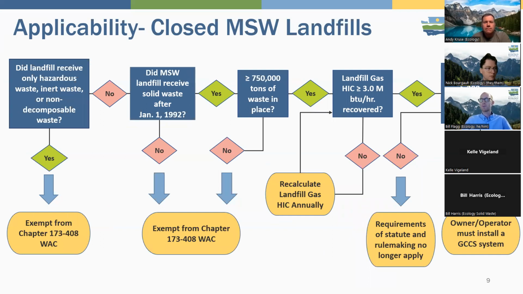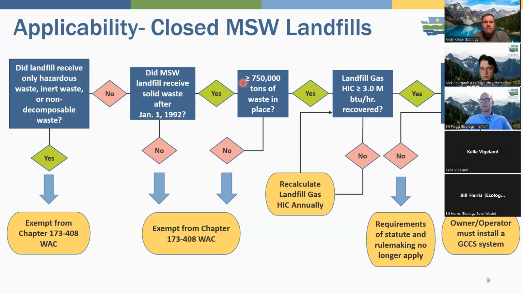For closed municipal solid waste landfills, the requirements are much the same, but there's a couple key differences. First, if it's not a MSW landfill, then it is exempt from this rulemaking. Next, if the closed landfill did not receive solid waste after January 1st, 1992, it is also exempt. The big number here we're looking at for closed landfills is 750,000 tons of waste in place.